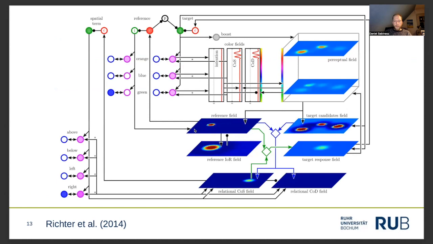And this is a figure of the model. This model is by Richter, Linz, and Schöner, 2014. And I'm going to slowly take you through the different components of the architecture.